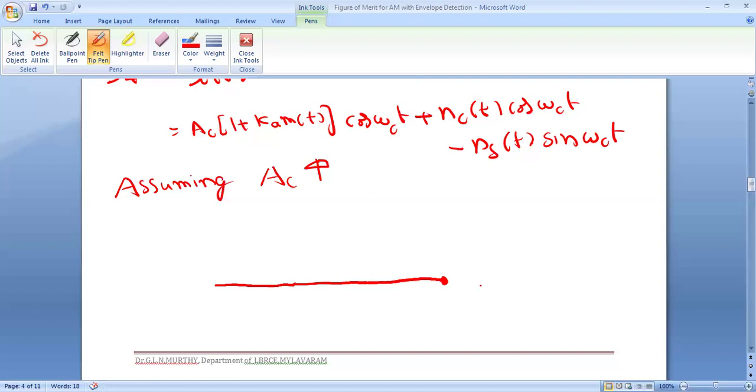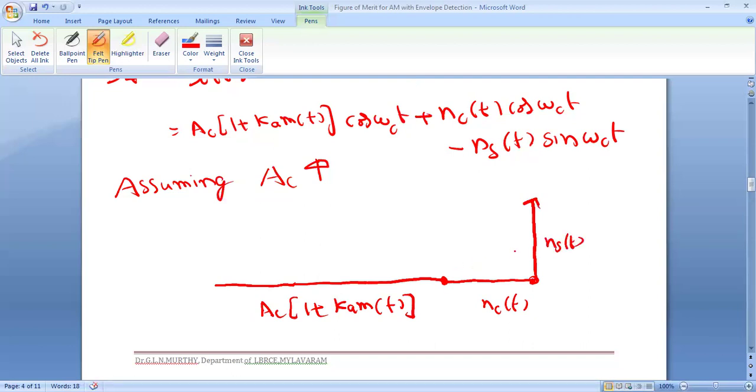Which one should we take as the reference phasor? AC into (1 plus Ka m of t) cos omega ct is taken as the reference phasor, because we have assumed that the carrier power is more than the noise power. So this will be AC into (1 plus Ka m of t), this will be nc of t, and subsequently, this term will be ns of t.